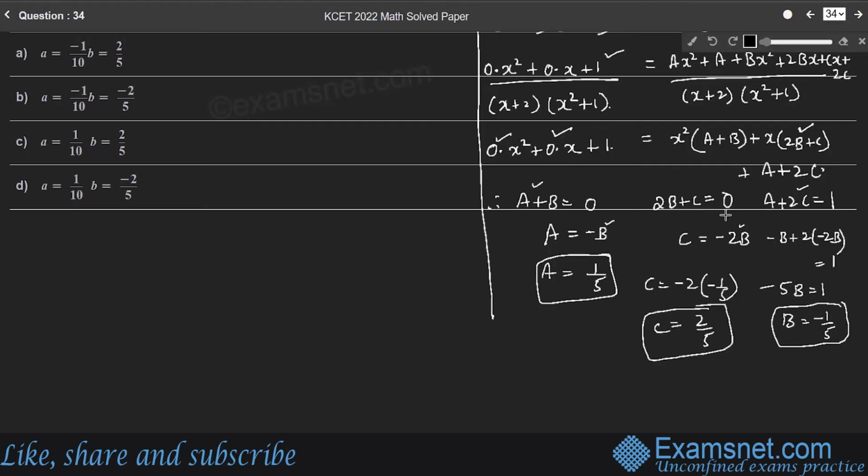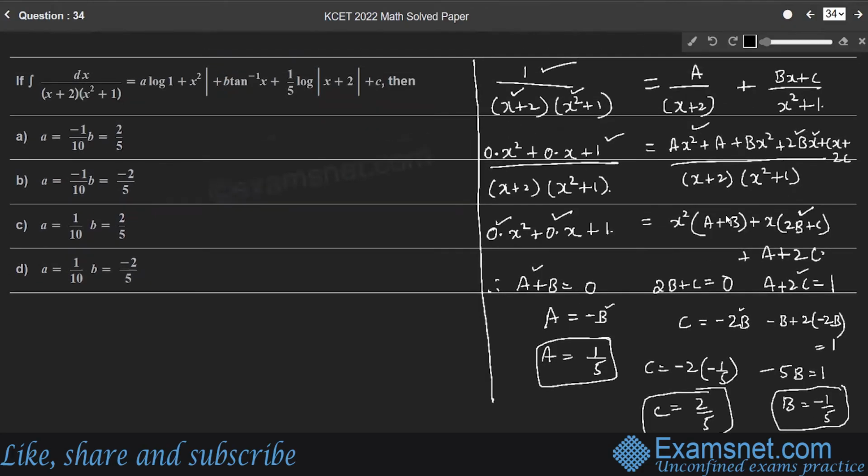Now substitute the values of capital A, B, C in the decomposition of fractions.